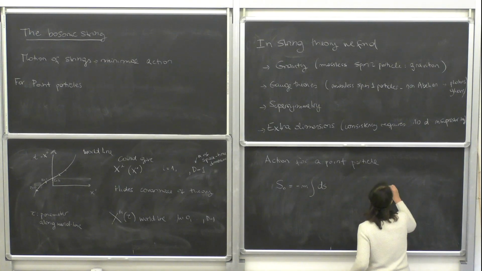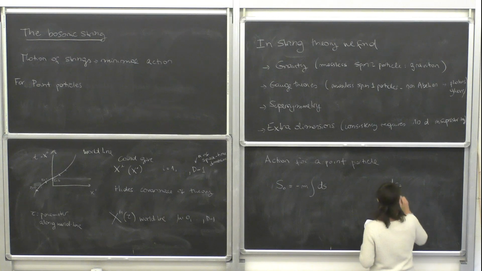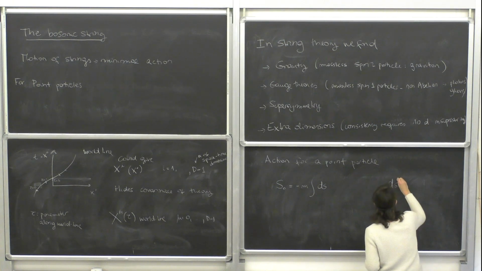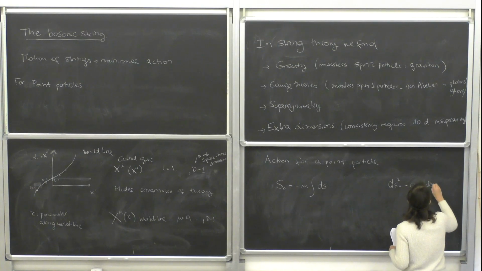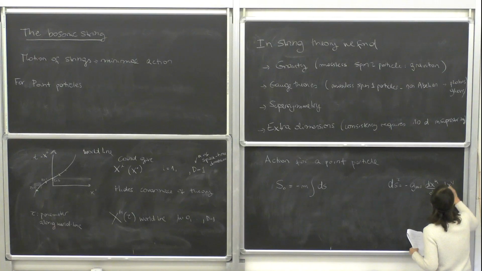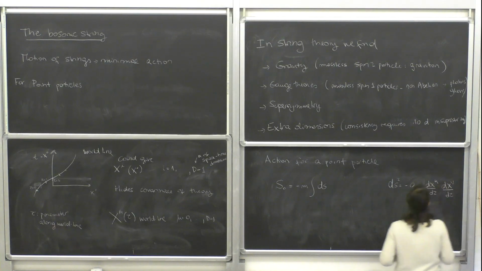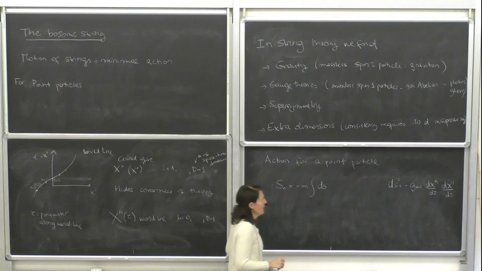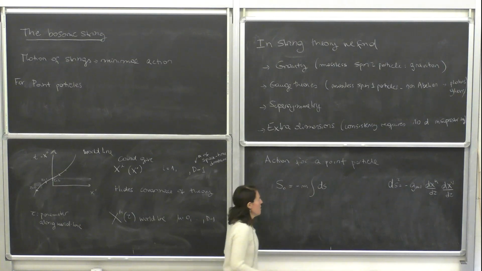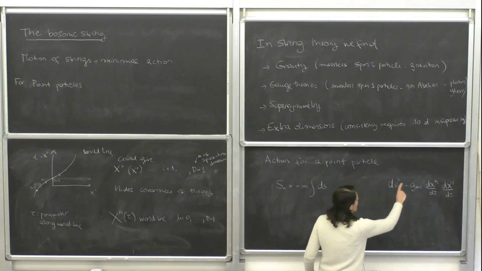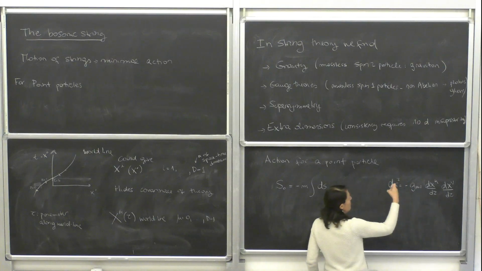And where ds is the proper interval, so ds squared, we need to put a minus sign because of the conventions of eta being minus 1, 1, 1.